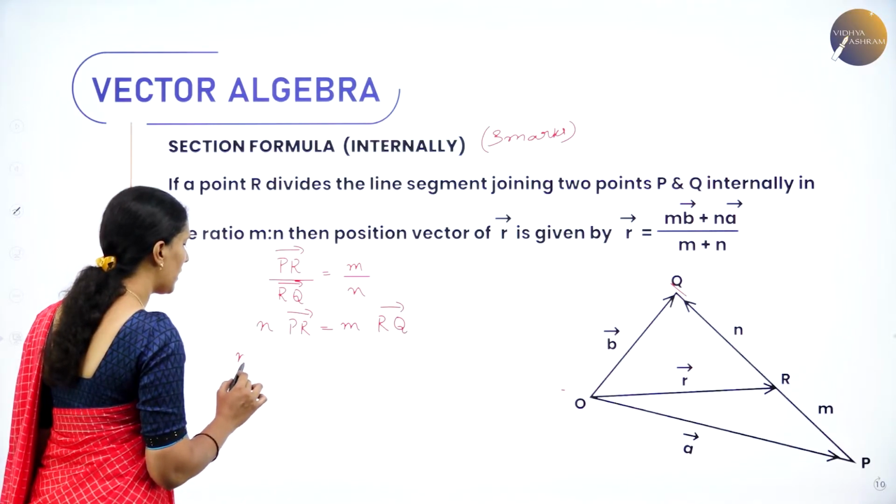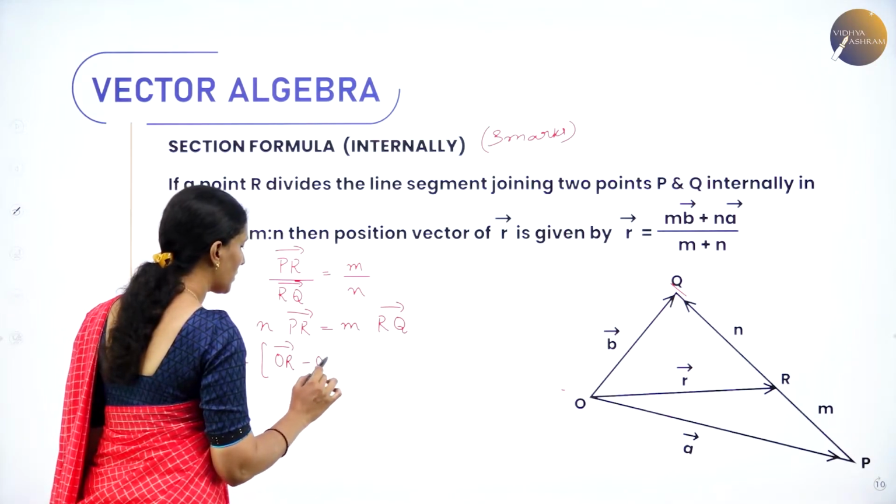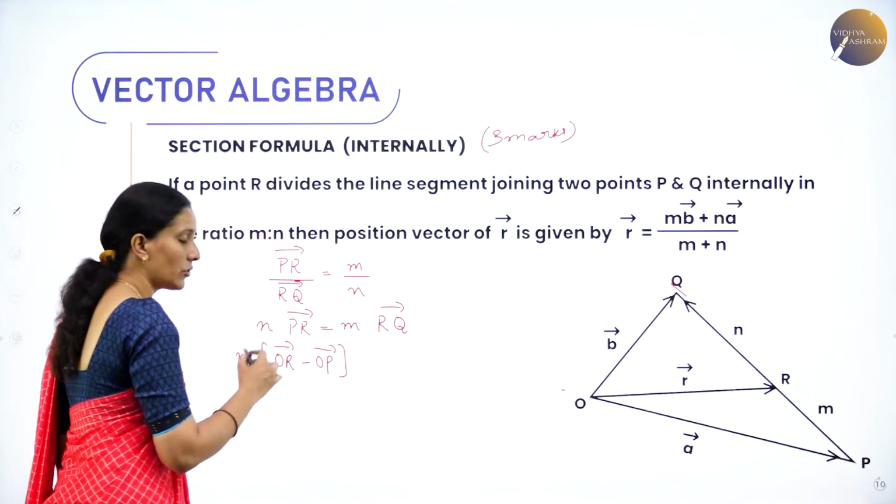Now the position vector of PR can be written as vector OR minus vector OP.